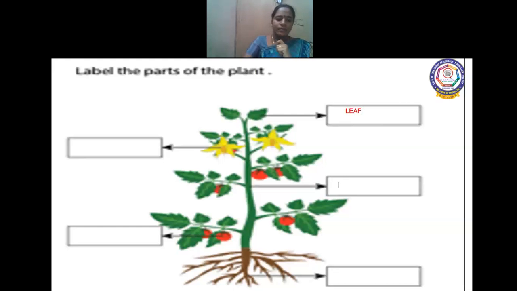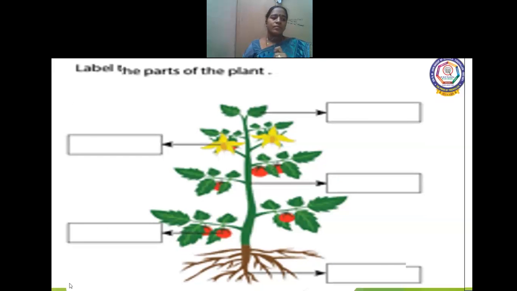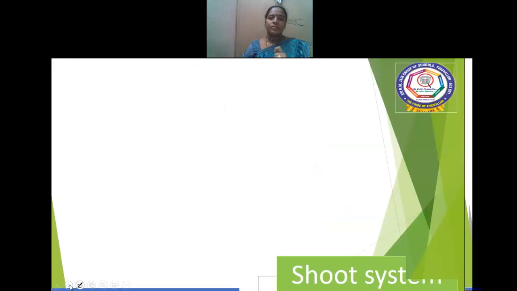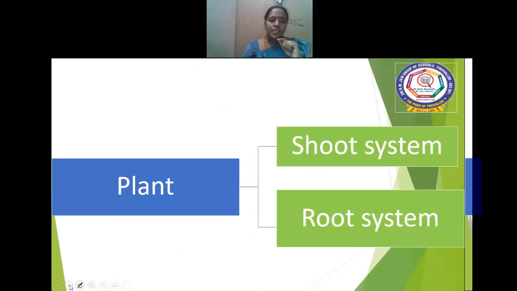Leaf, stem, root, fruit, flowers. Two types of systems in the plant: root system and shoot system.